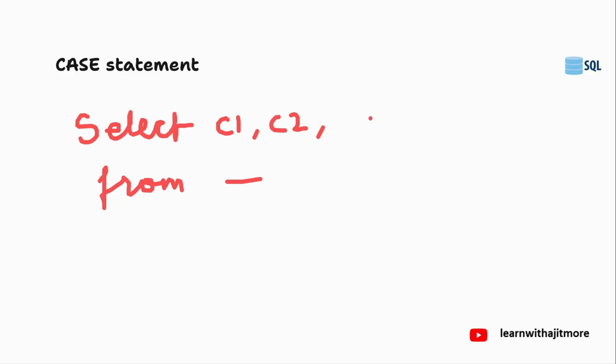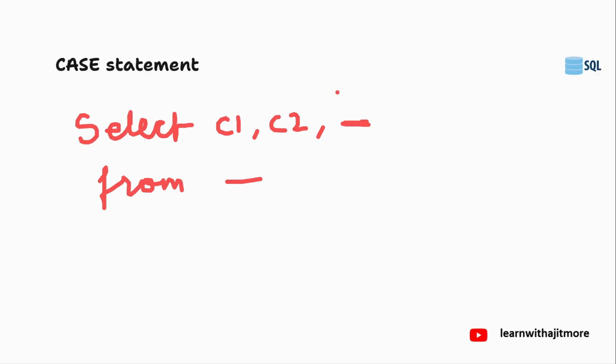Virtual column means, you're understanding, no? It is just a column for printing. It is not existing physically in the table. It is just an imaginary or hypothetical column, or you can say a virtual column, you want to create here. But the value of that column depends on a condition.